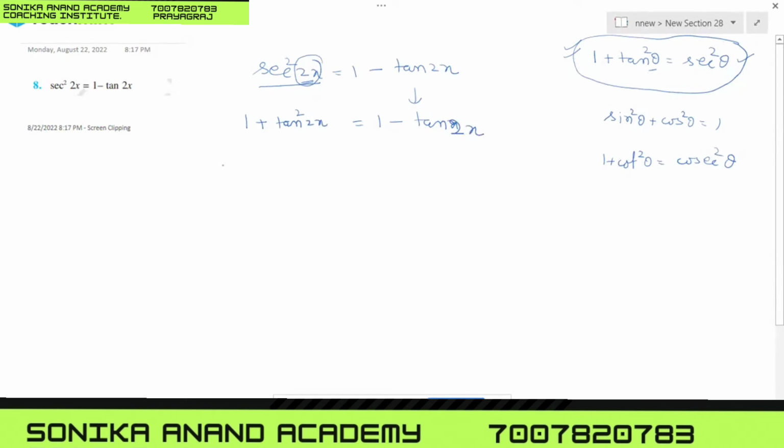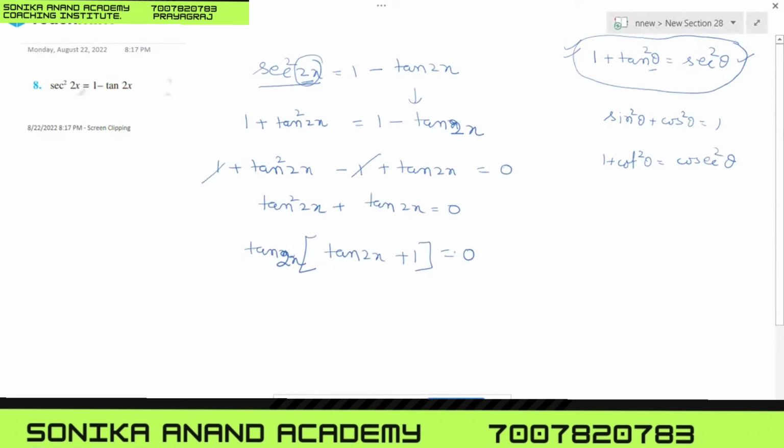So 1 plus tan square 2x minus 1 plus tan 2x. 1 and 1 get cancelled. Now we take tan 2x common. It becomes tan 2x into tan 2x plus 1 is equal to 0. Easy?